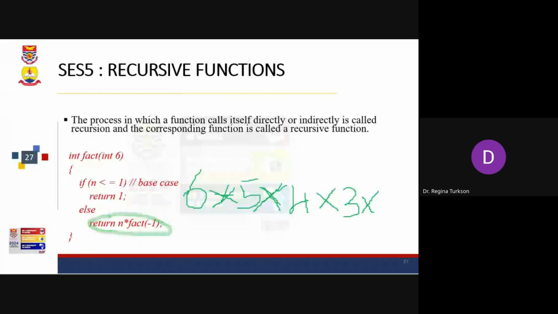So we return 2 times 1 factorial. Now we go through our loop. Is 1 less than or equal to 1? Yes. So our base case has been met now. We will just return 1 and then exit the loop. So at the end of the day, the factorial of 6 is 6 times 5 times 4 times 3 times 2 times 1, and then we'll get the answer for the code that we have on the screen.